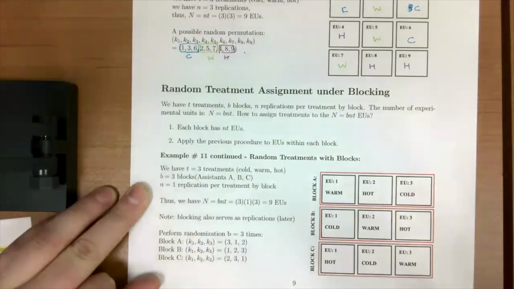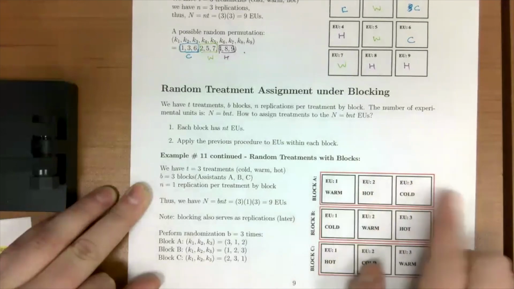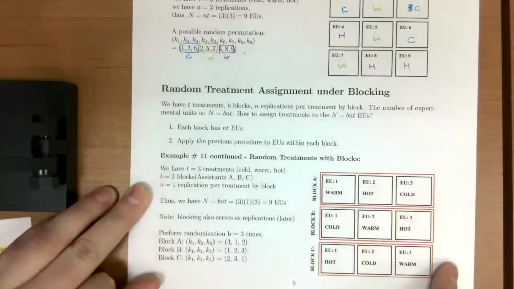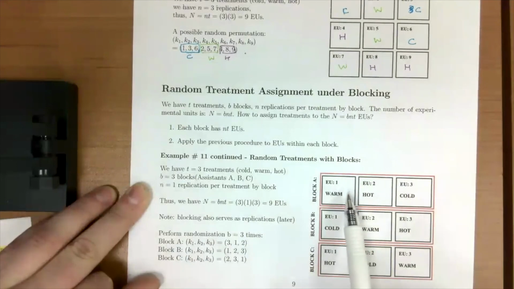I randomly assigned 3 EUs to block A, block B, and block C. Now I have 1, 2, 3. So block A, I'm going to randomly permute these, and I'm going to assign warm, cold, or hot. Then I'm going to randomly assign these, and I'm going to randomly assign these.